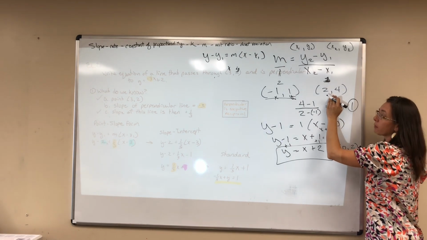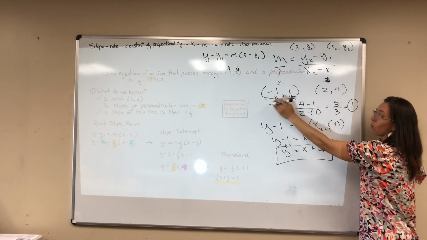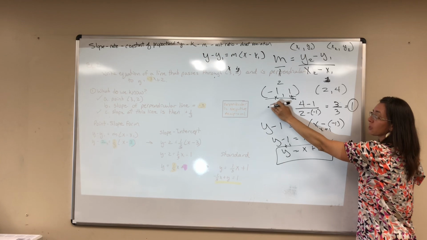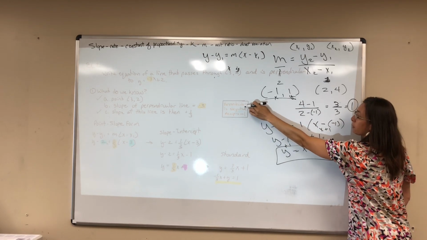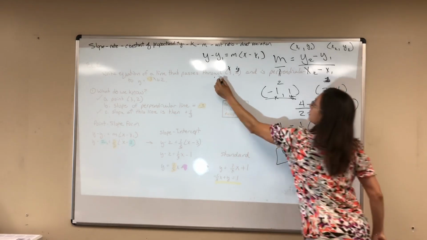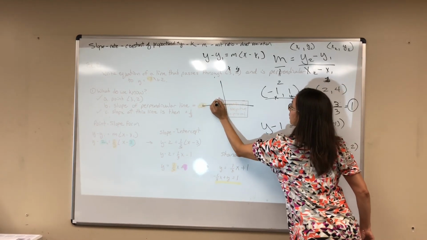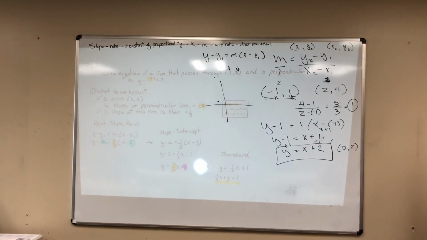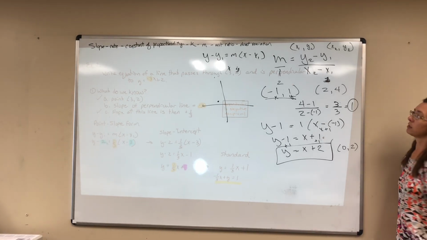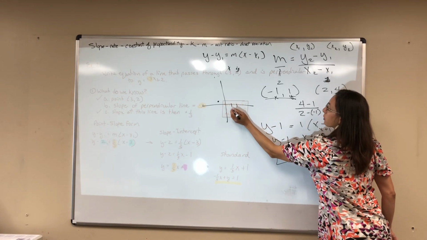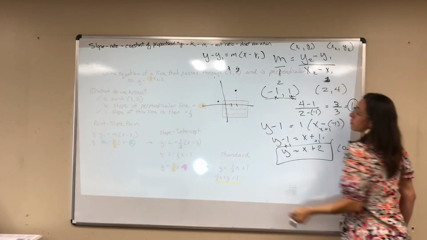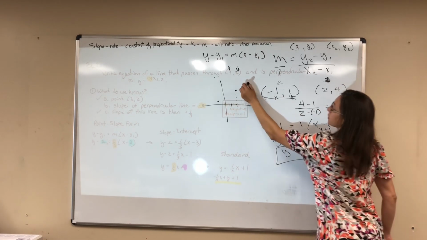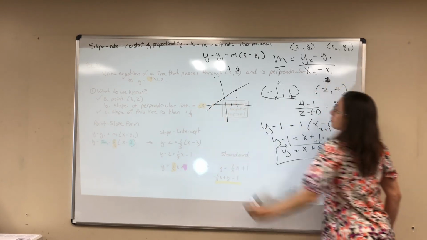Remember that we go x first, then y. So negative 1, we're going left first, then up 1 for y. So our first point should be there, negative 1, 1. 2, 4, x first, so 2, then up 4. Make our line through.